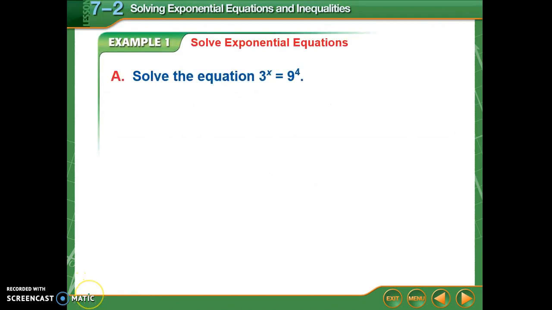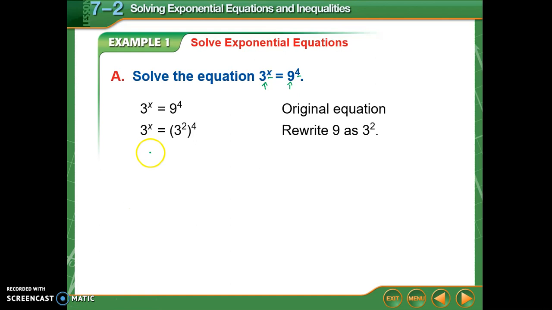All right, so let's take a look at this first example for solving. We have the equation 3 to the x equals 9 to the 4th. Right now, I cannot say that x equals 4 because my bases are different. So what I'm going to try to do is figure out a way to rewrite my bases so that they are the same. So I know that 9 is 3 squared.